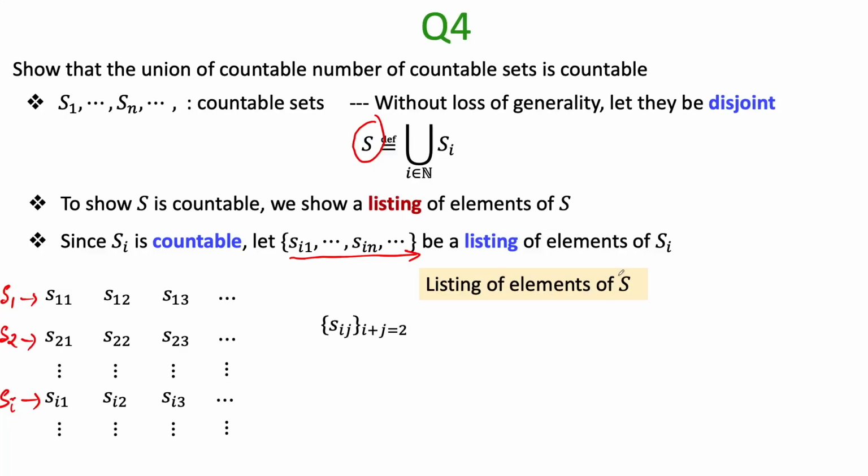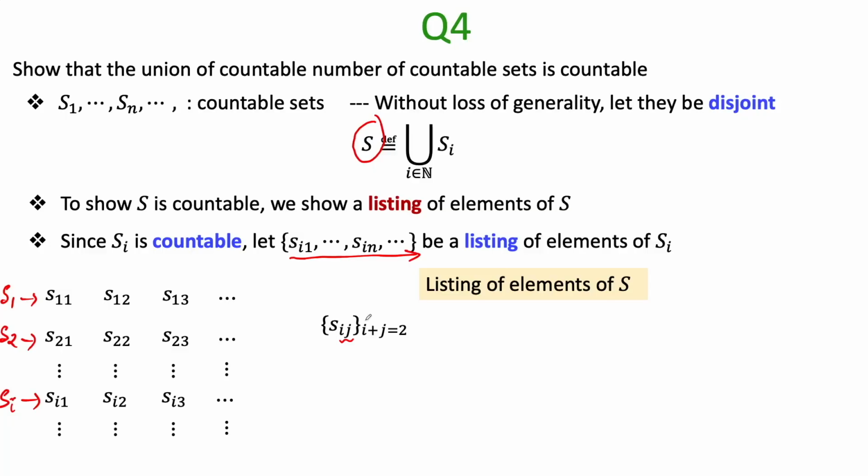So when I want to list down the elements of the set S, I will list them according to the pair of indices i, j, and I will start by listing all the elements of the form Sij such that the summation of the two indices is 2. Remember, the minimum value of the summation of the two indices will be 2, because I can't have i comma j such that i plus j is 1.